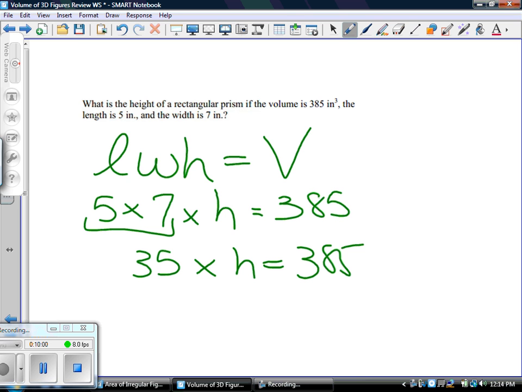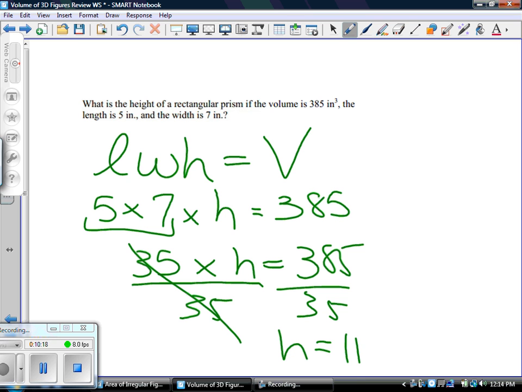Well, if that's the case, then I just need to do the opposite of the multiplication to find what my piece for h would be. And so I'm going to divide 385 on both sides by 35. That's gone, and so h equals 11 inches.